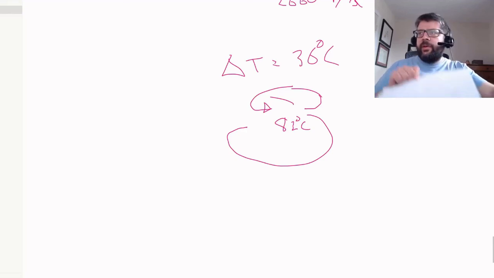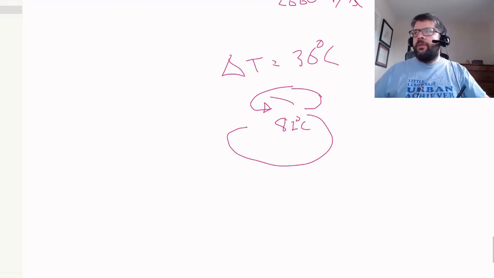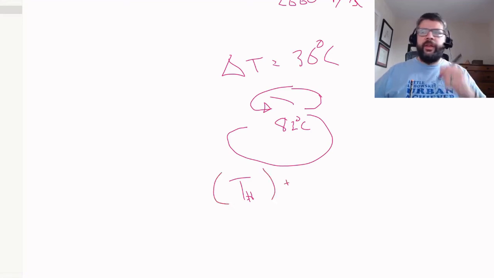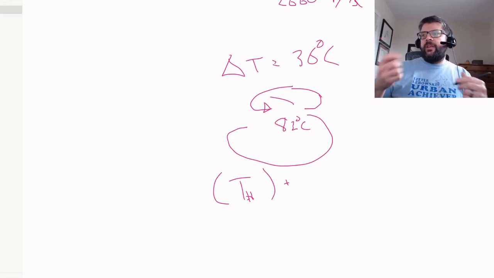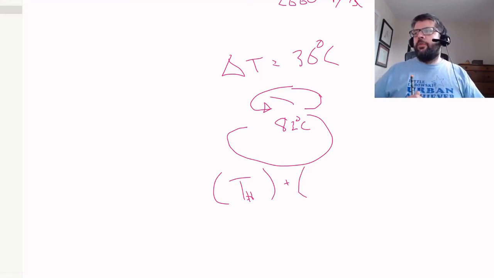So for the math on that, we take our outlet temperature. Let's call that T hot. TH is our outlet temperature plus our inlet temperature, which is equal to a certain portion that is at the TH. So that portion is equal to 1 minus our side flow ratio.